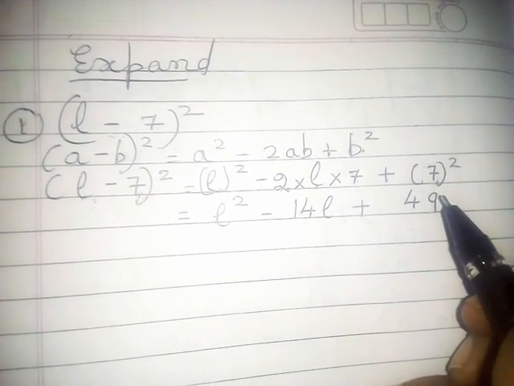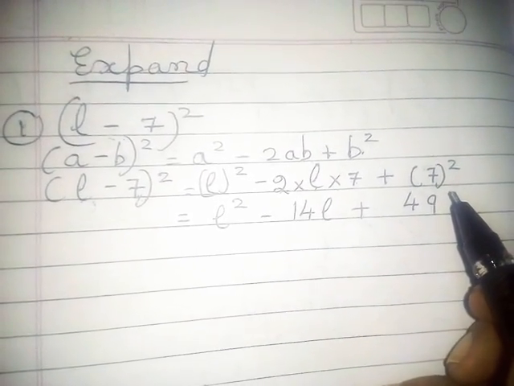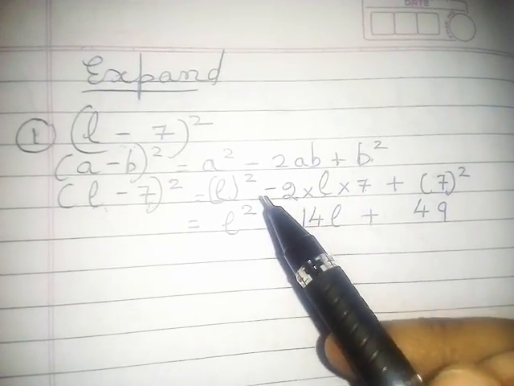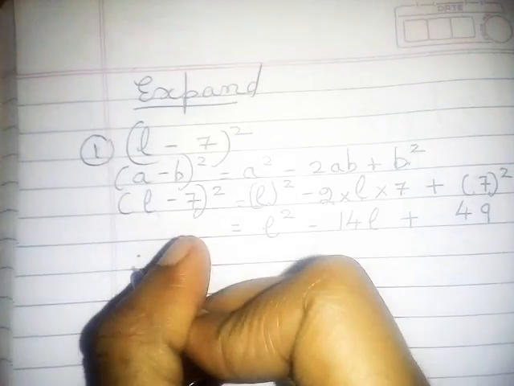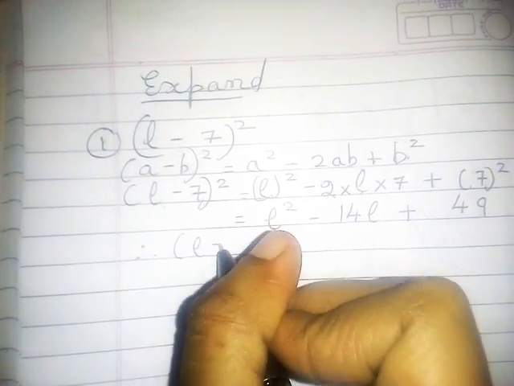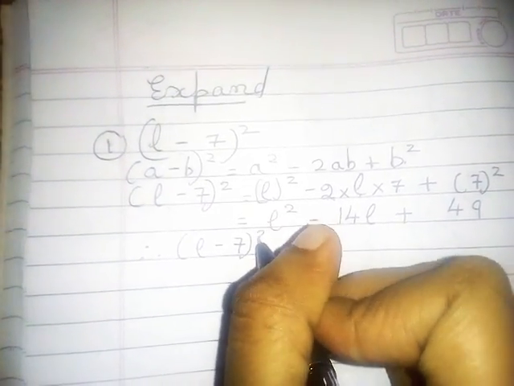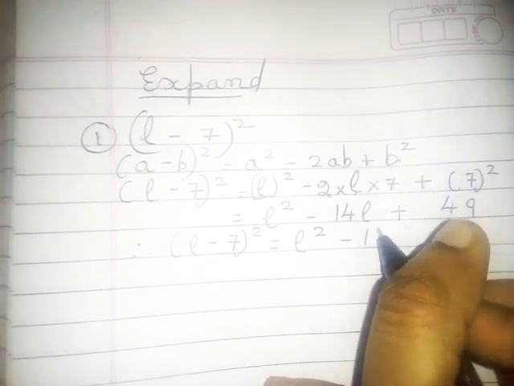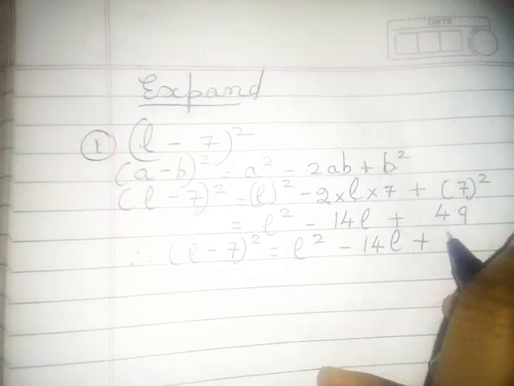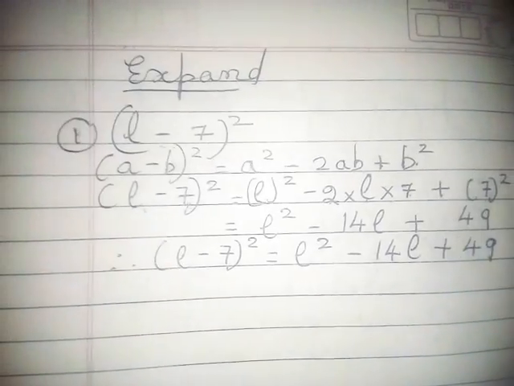Always you have to multiply the square of the number. You cannot multiply the square of any variable, that will remain the same. Therefore, (l − 7)² = l² − 14l + 49. So this is the answer.